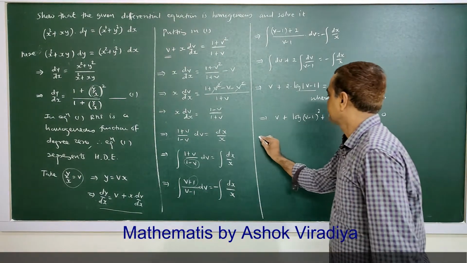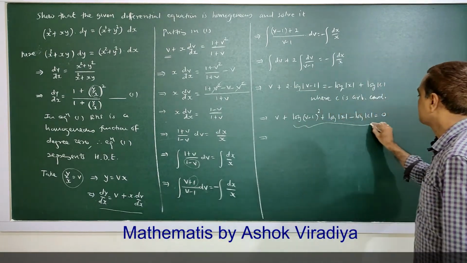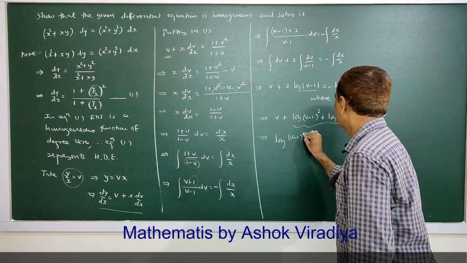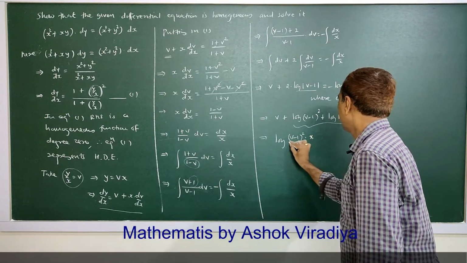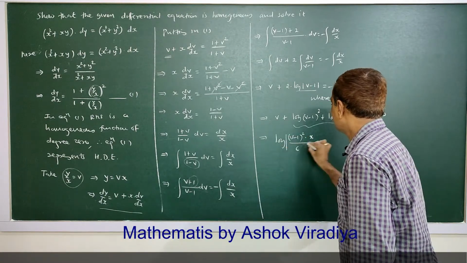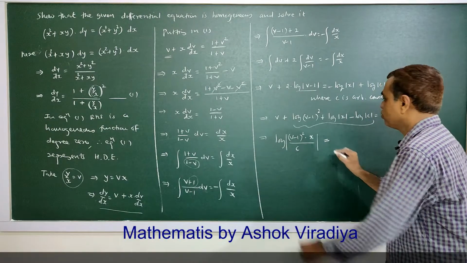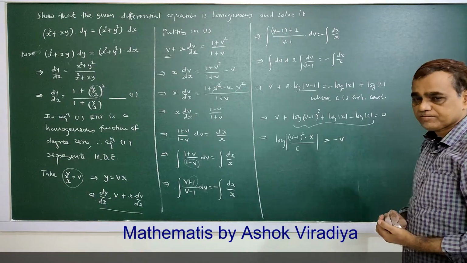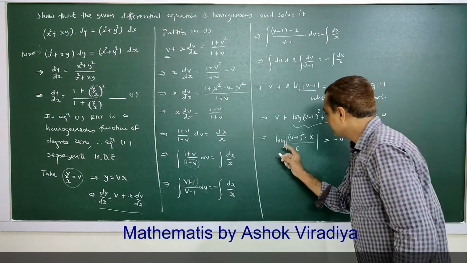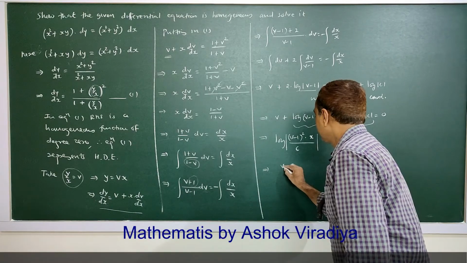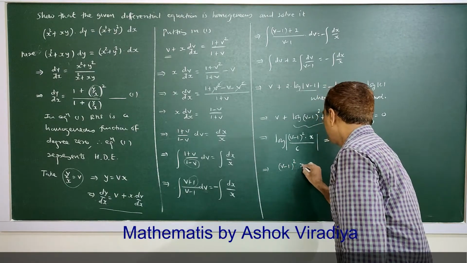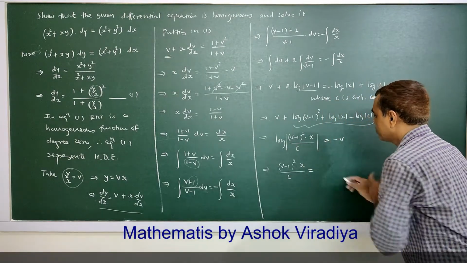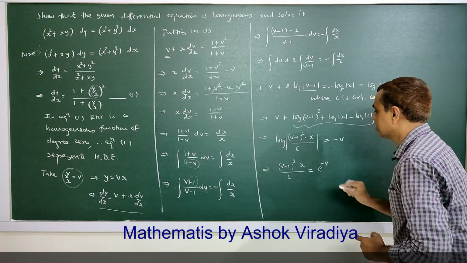That is, now joining these terms, log of (v minus 1) whole square into x upon c with modulus equal to, this is free from log, shift to the right hand side, so minus v. Now removing this log, so (v minus 1) whole square into x upon c is equal to e raised to minus v.